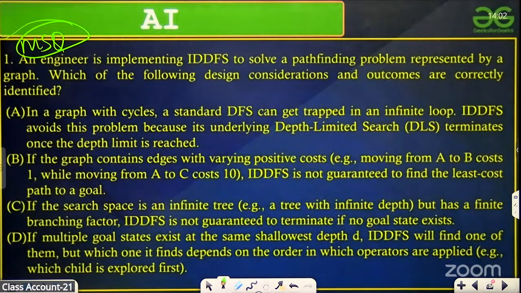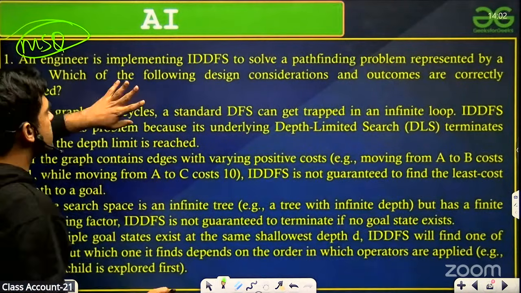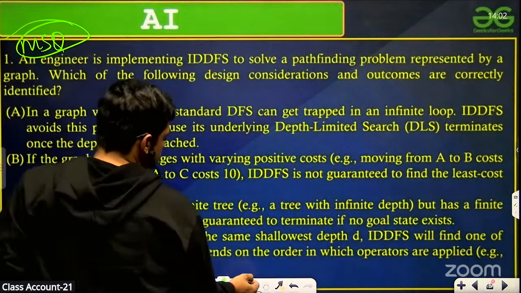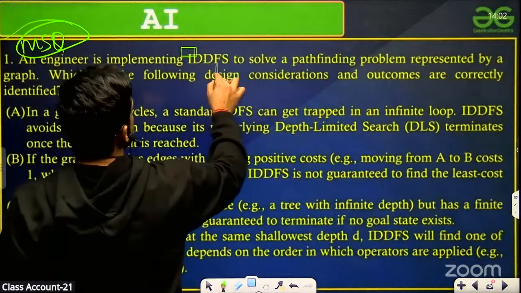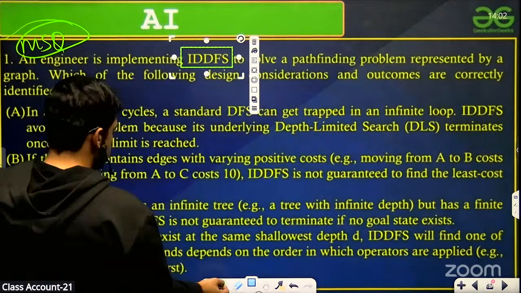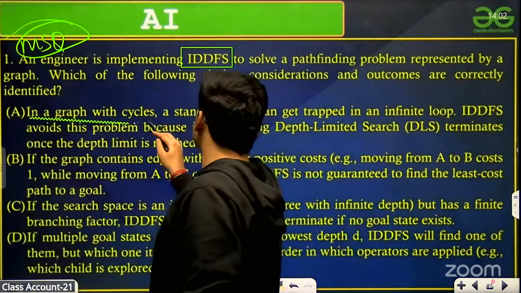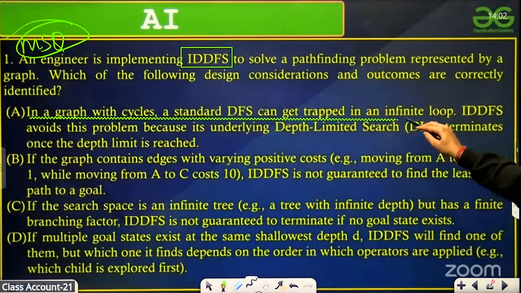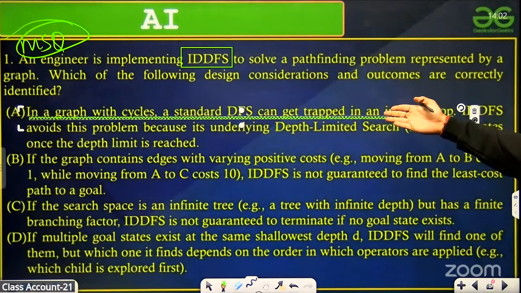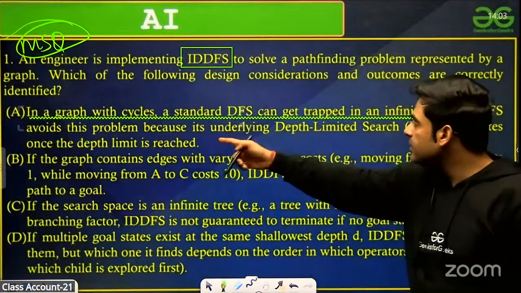Okay, so how to solve this? See, IDDFS, Iterative Deepening Depth First Search. Yesterday only we have done this. So in a graph with cycles, a standard DFS can get trapped in an infinite loop. This is correct. So IDDFS avoids this problem.